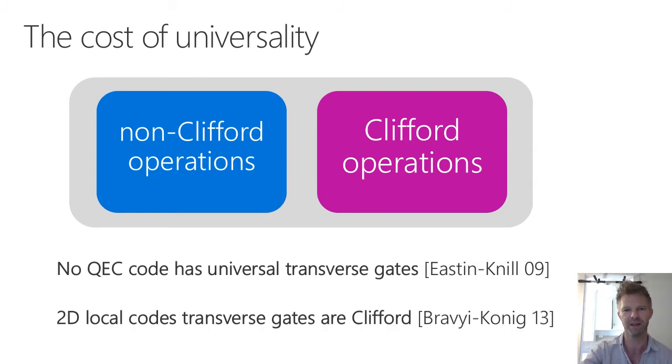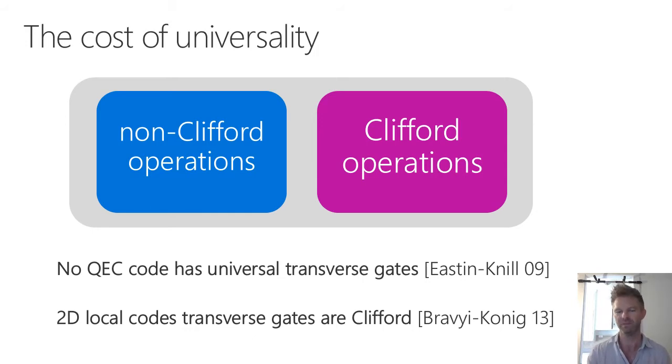A first hint at that is from the Eastin-Knill theorem, which tells us that for any quantum error correcting code, the set of transversal gates that code admits, which are the straightforward, direct, fault-tolerant gates that you can implement in the code, cannot be universal.